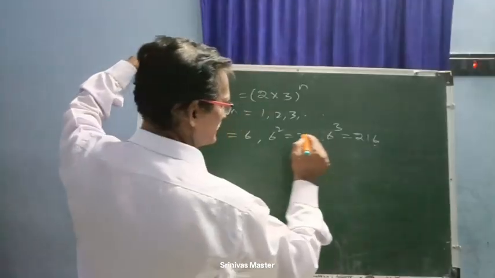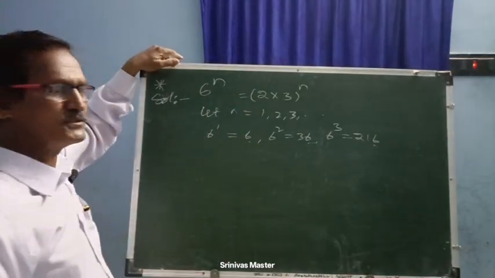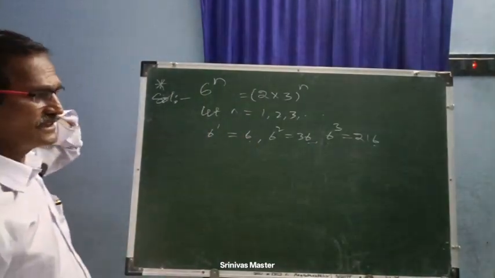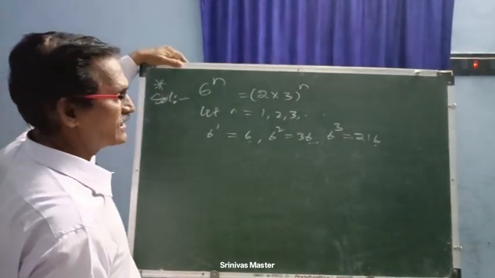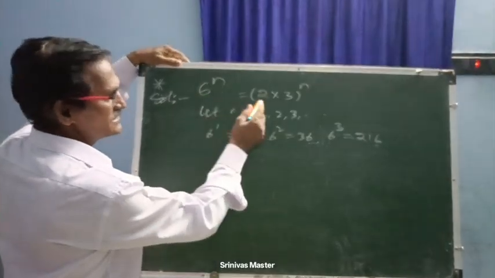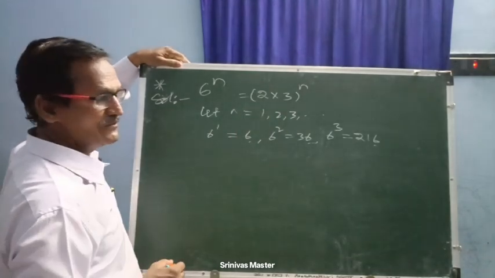What is the unit place? Only 6, no? It is not ending with 0. It is possible only if 5 is one of the factors of the number, then it will end with 0.